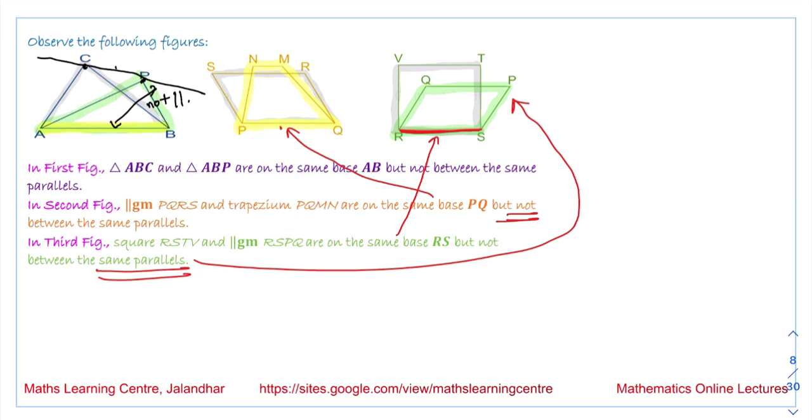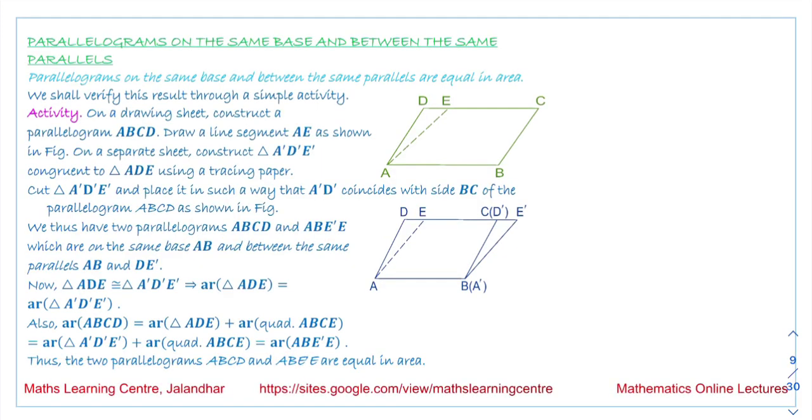The next result that we have is that if two parallelograms are given to us which have the same base and are between the same two parallel lines, then we have to prove that they have the same area. This is an activity given to you, that you can try on your own.